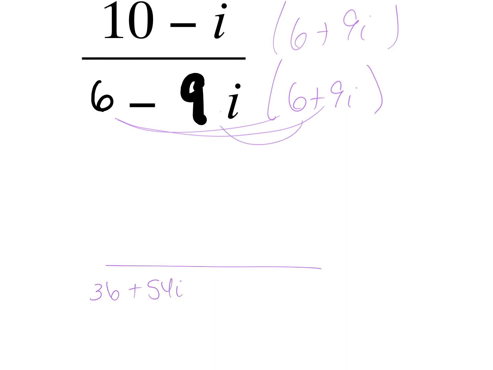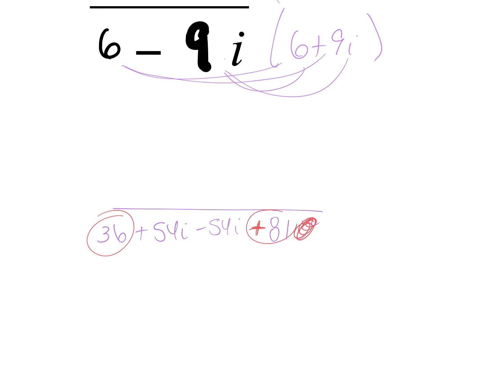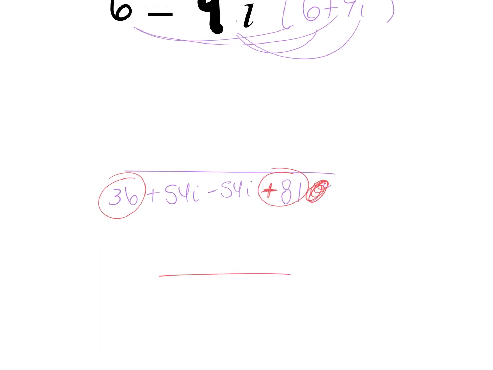Negative 9i and 6 is minus 54i. And negative 9i and positive 9i is minus 81i squared. What do you do when you see i squared? Cross it off and change that sign. Good. So I have 36 plus 81 gives me 117. What happens with 54i's? They cancel out, which is exactly what we need to happen.